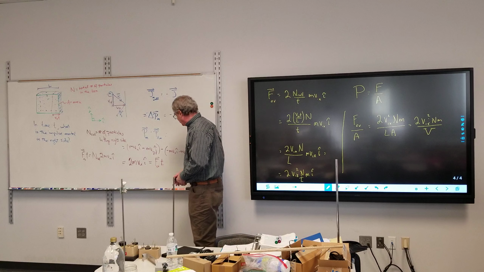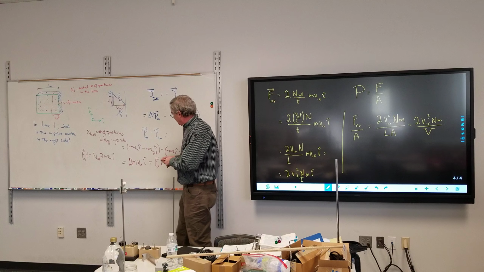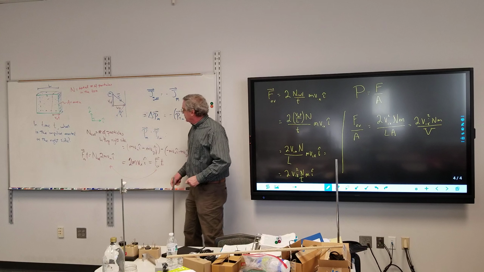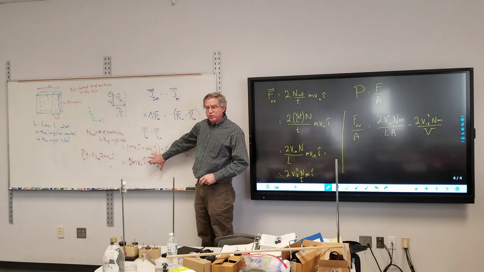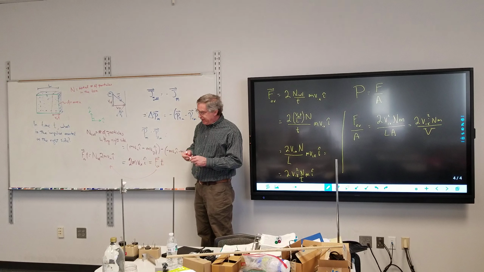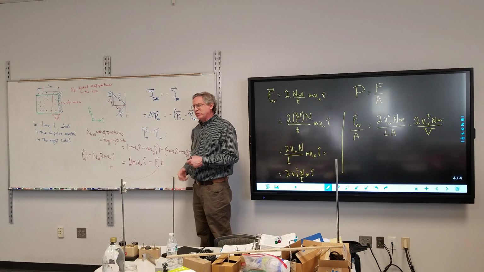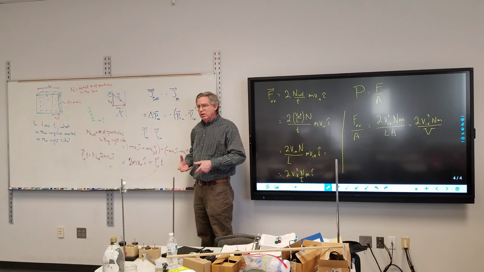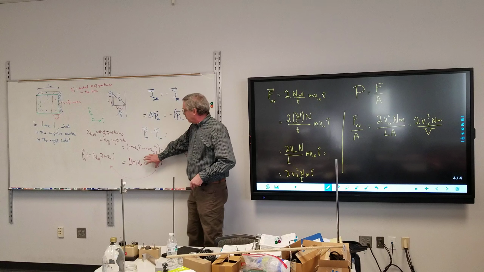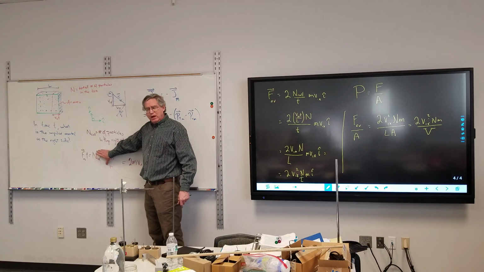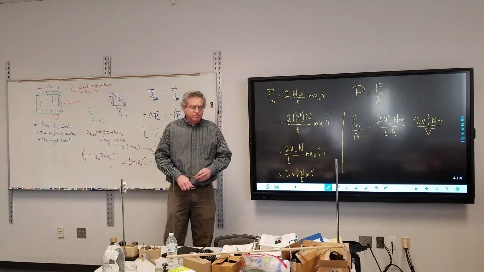Okay. In terms of progression, I went from here to here. This was looking at just a single particle right here. And then I said, well, we actually have more than one particle hitting that wall. And so I expanded it. So this is for one particle. This is for however many particles are actually hitting it. Okay, thank you.